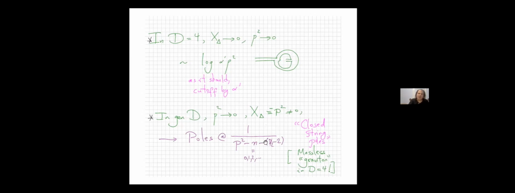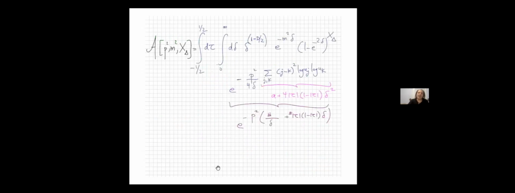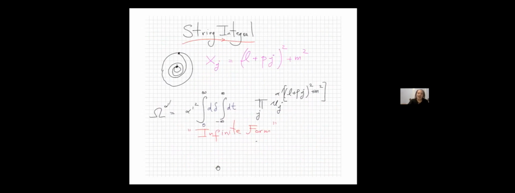And quite amusingly, when d equals 4, there's a massless quote unquote graviton associated with this delta in 4 dimensions. If you put d equals 4 in this formula, there's actually a pole that starts off at 1 over p squared.